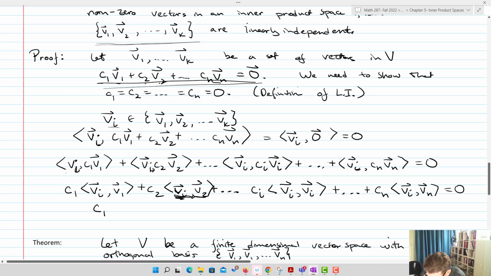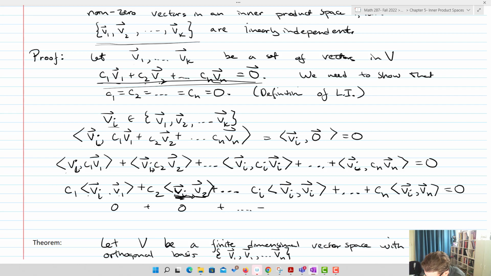So what I'm left with is that each of these terms is 0 because i does not equal the other indices. So 0 plus ... plus ci times vi dot vi, and then plus ... 0. Everything zeroes out except for the vi term, and that all equals 0.